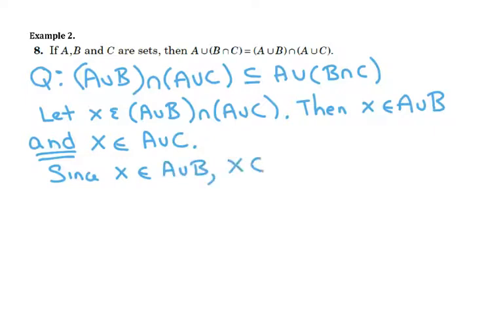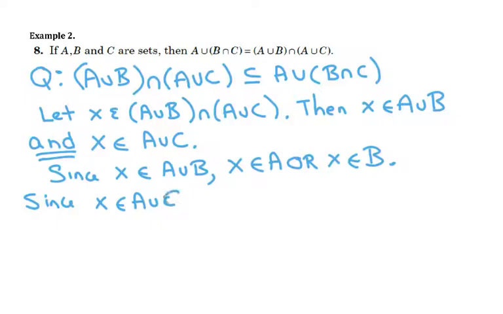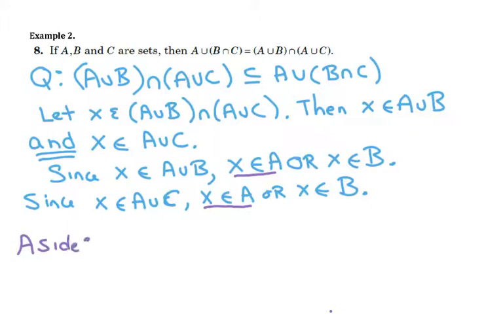It means x is in A or x is in B. And since x is in A union C, because remember x is in both of these sets, x is in A or x is in C. Now, if you think about this, either x is in A or x is not in A. So this is not really in the proof, but this might help explain that last bit of the proof.